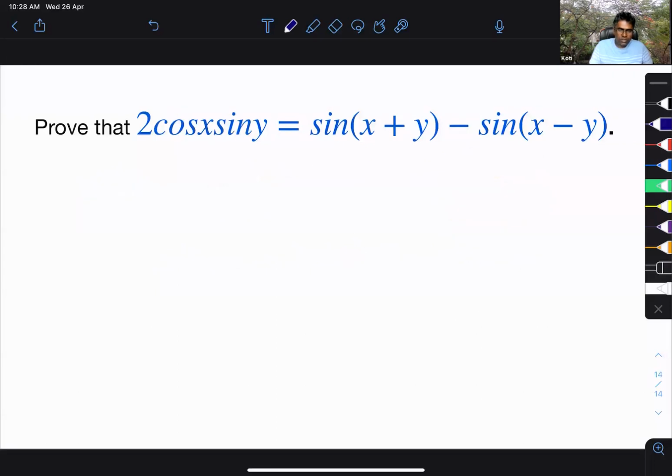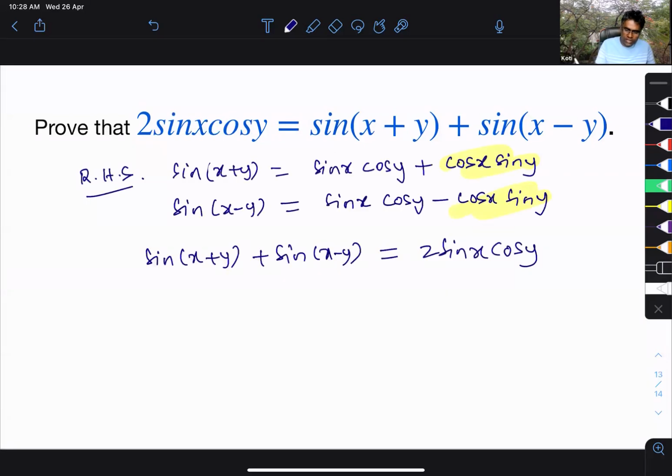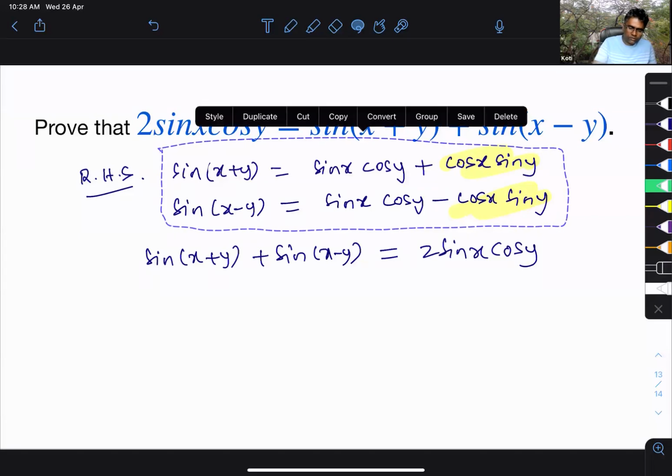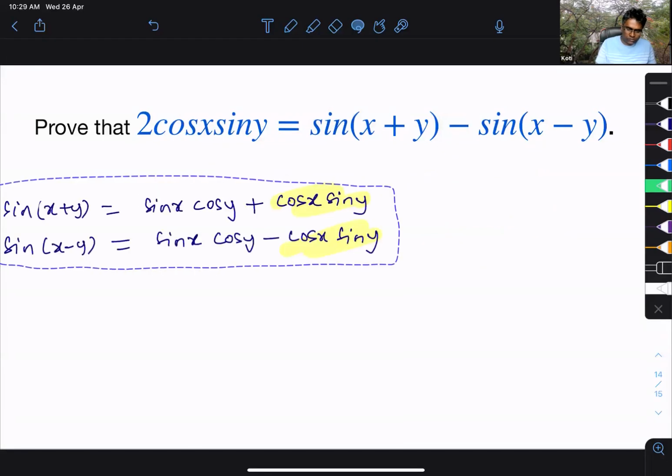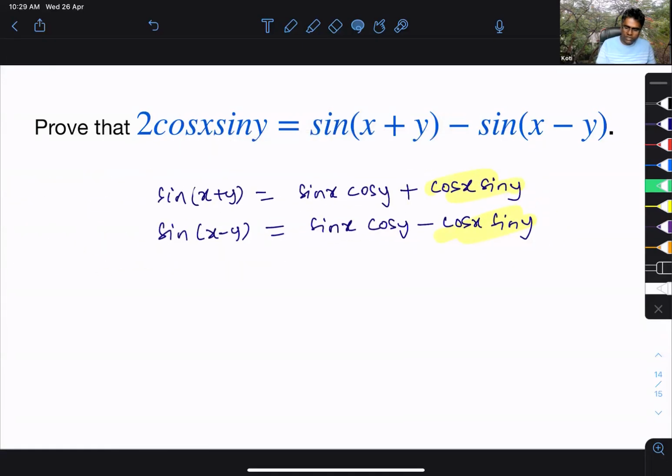So for the last one, I can quickly borrow these to prove that. Here, I just subtract the second equation from the first one.